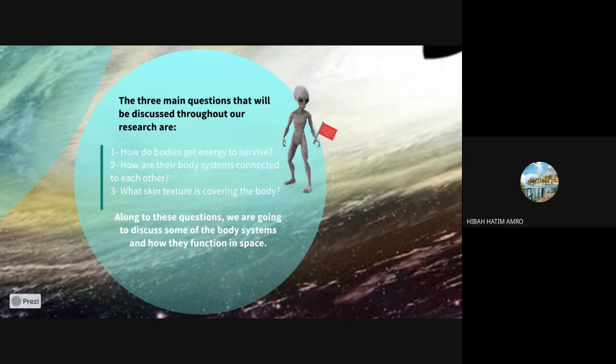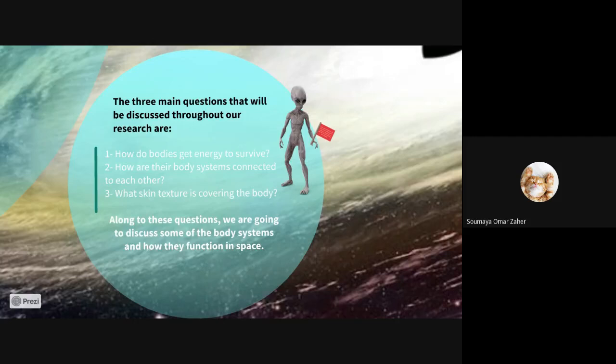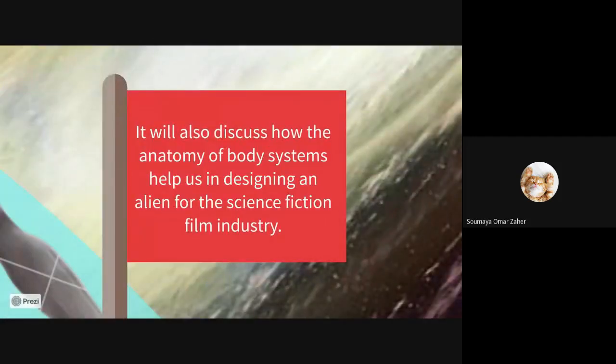Second, how are their body systems connected to each other? And finally, what skin texture is covering the body? Along with these questions, we are going to discuss some of the body systems and how they function in space. Also, we are going to discuss how the anatomy of body systems helps us in designing an alien for the science fiction film industry.